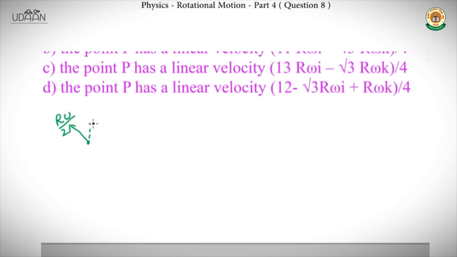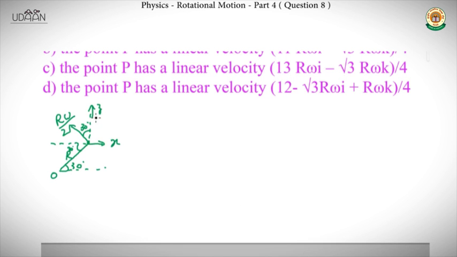This angle is given to be 30 degrees, and similarly we can draw point O. This angle is 30 degrees again, this distance is r. Now what we basically need to do is resolve the speed into the two directions. This is the z direction over here, and this was given to be the x direction.